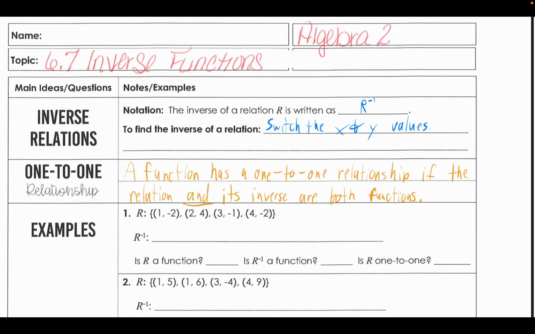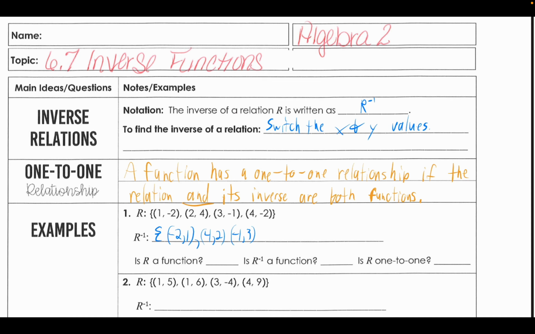So let's take this relation r in example 1 here. Let's find the inverse relation and then establish whether the original is a function, the inverse is a function, and then thus is the relation one-to-one. So to find our inverse relation, we're just going to take individual ordered pairs and flip around the x and y. So -2, 1 flips around, for example. Then 4, 2, -1, 3.